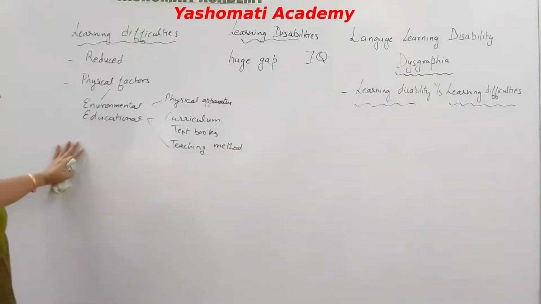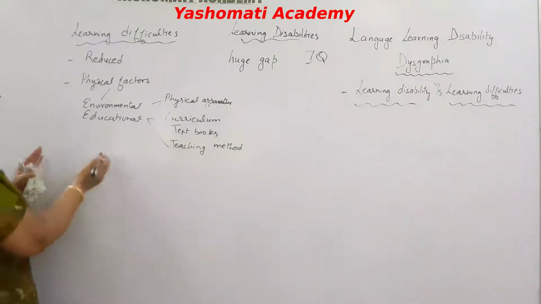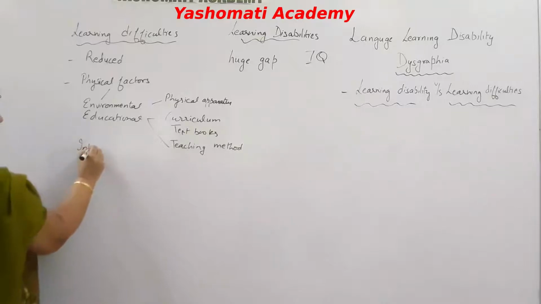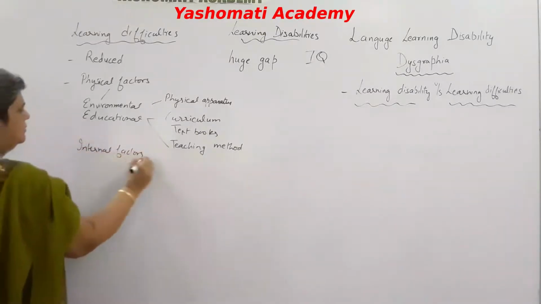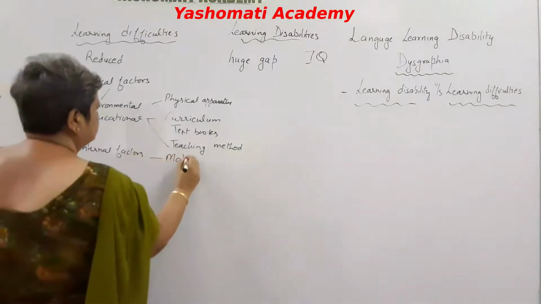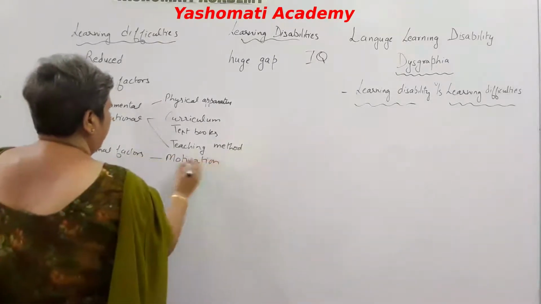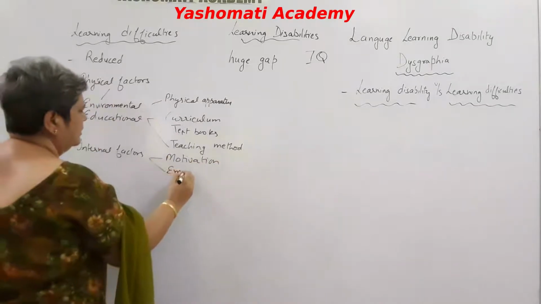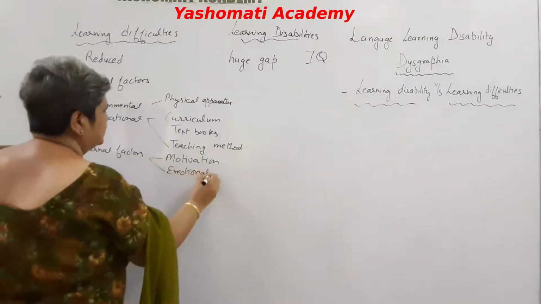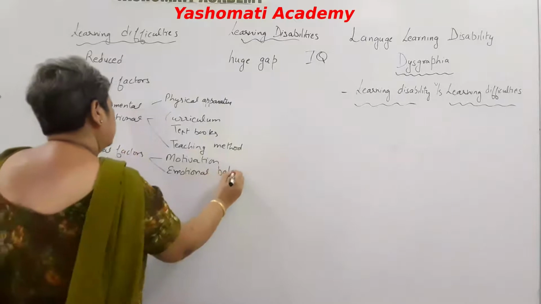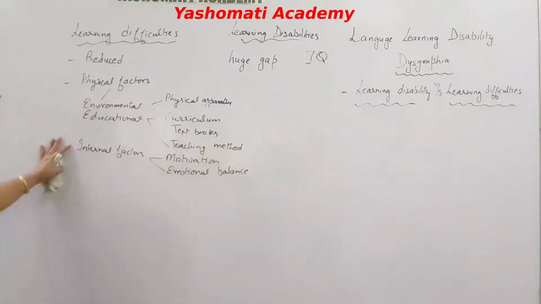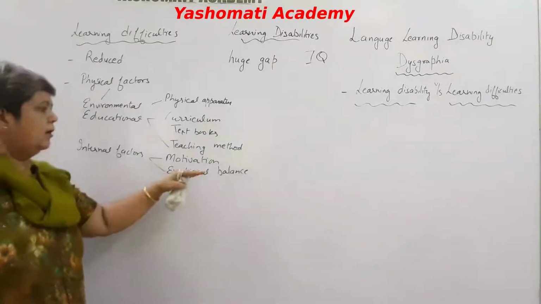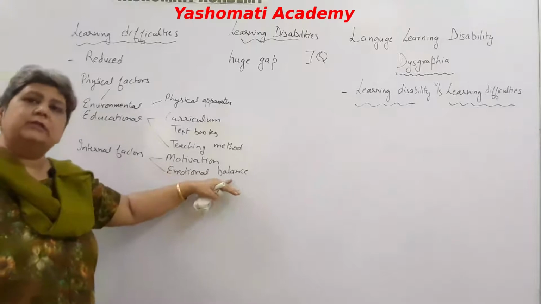There can be some internal factors also which may be related. What could be the internal factors? They may be related to motivation and emotional balance. Maybe due to certain reasons, the learner is not motivated to learn, or he may be emotionally disturbed.